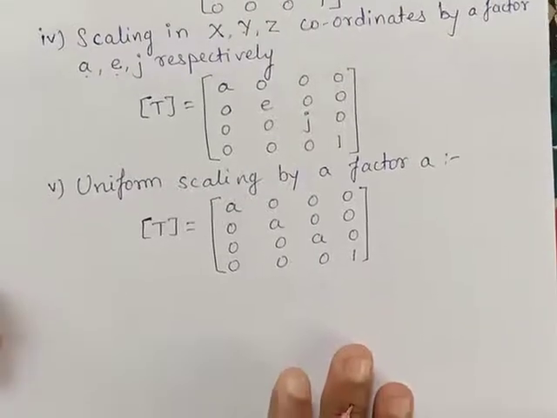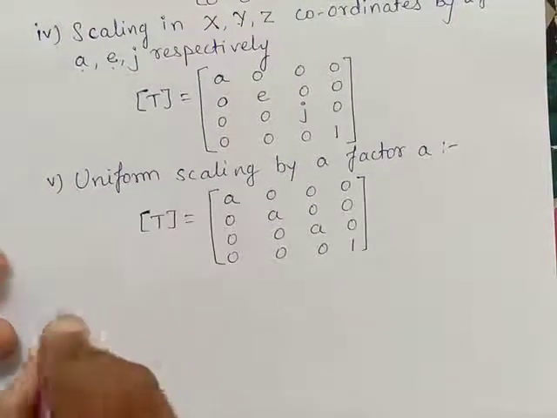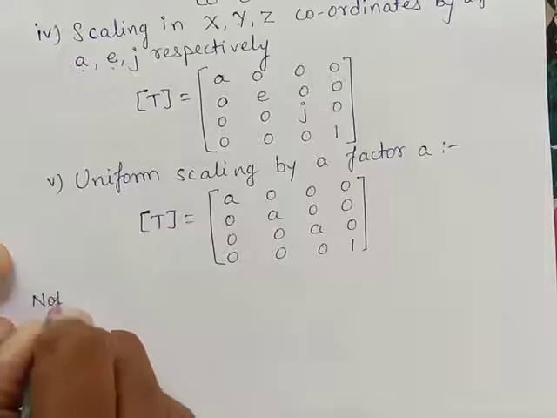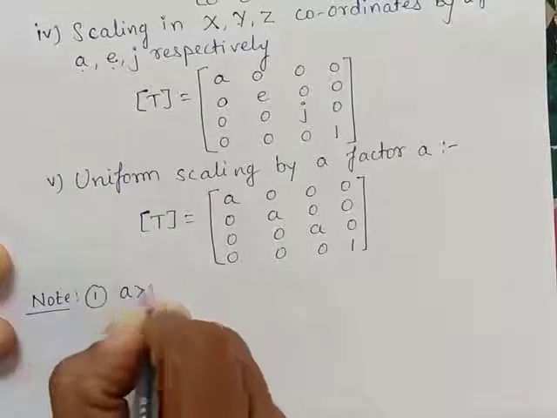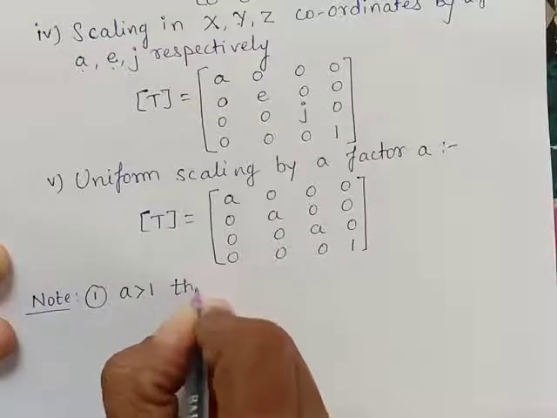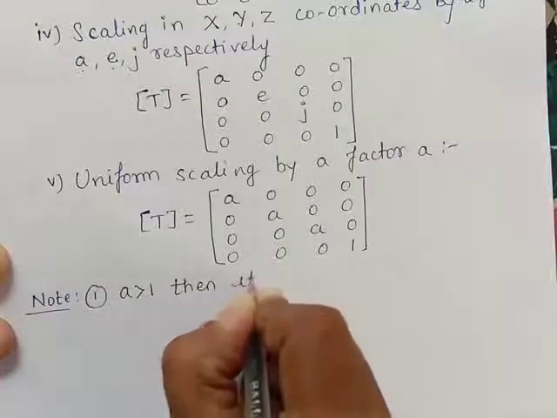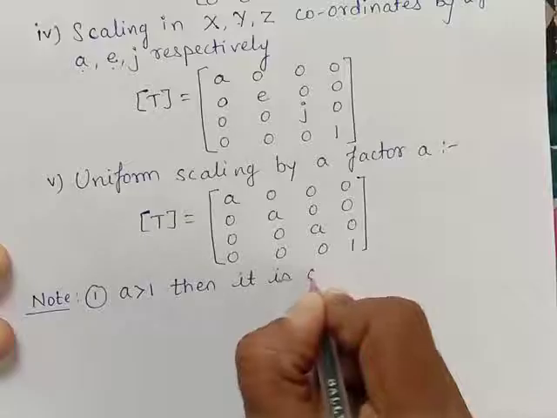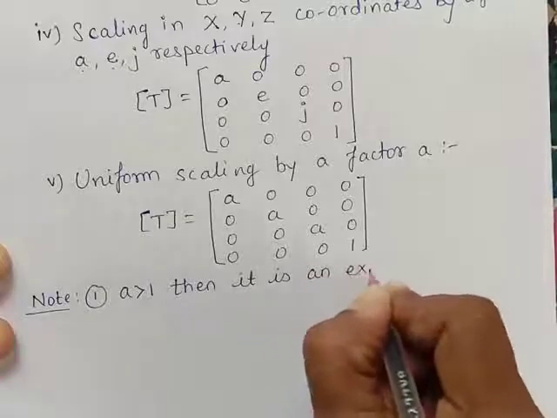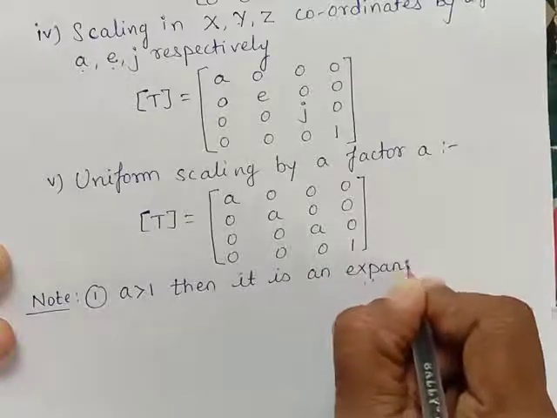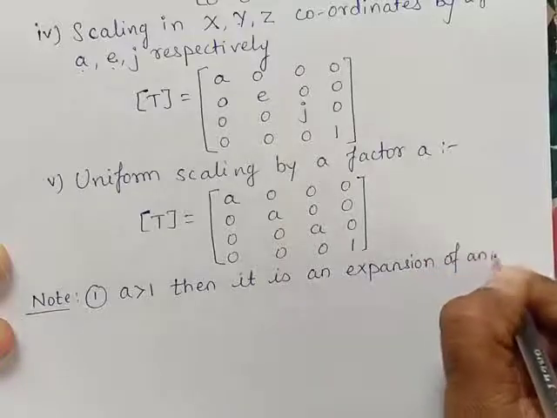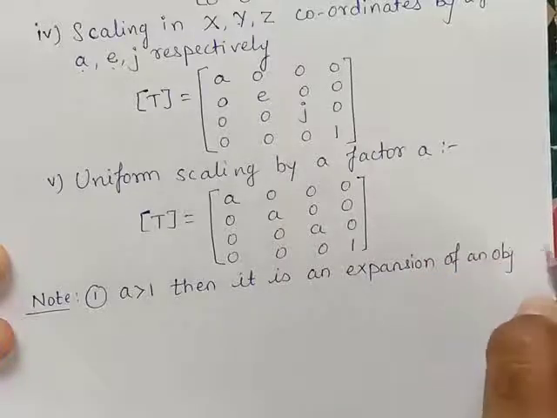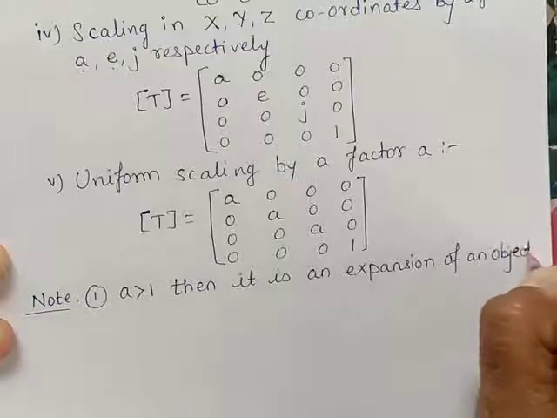This one. Okay. The next one, here you should note about uniform scaling. First, if A is greater than 1, then it is an expansion of an object, okay?